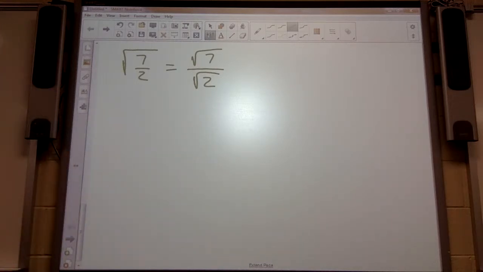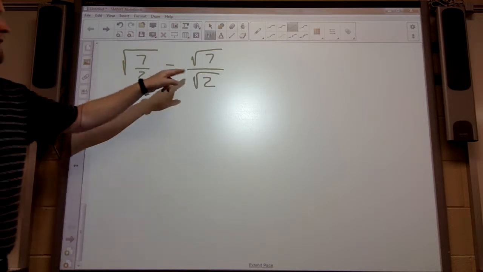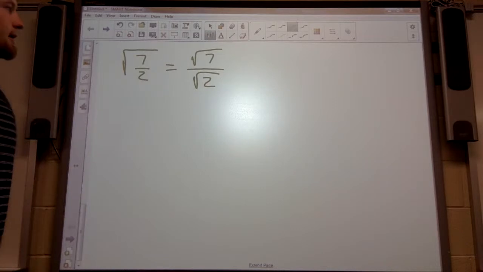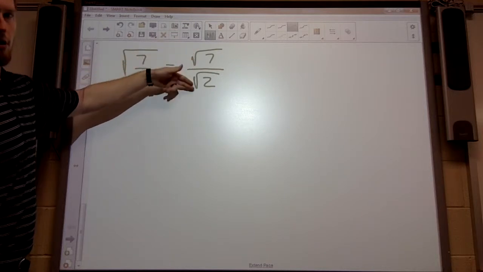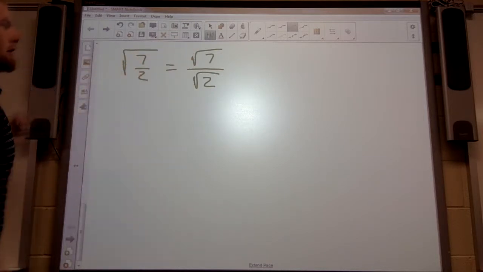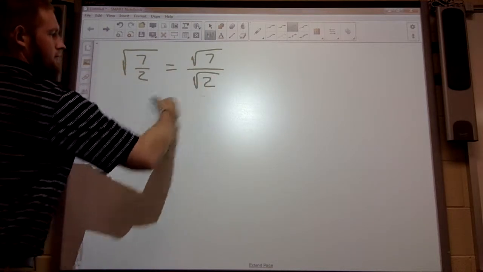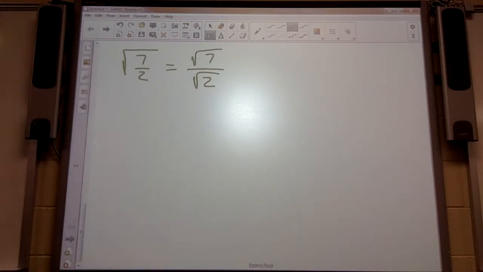The problem is that we cannot have a radical, remember a radical is the square root sign, we cannot have a radical in the denominator. Numerator, denominator, keep that in mind. We can't have a radical down here. And we have to get rid of it.